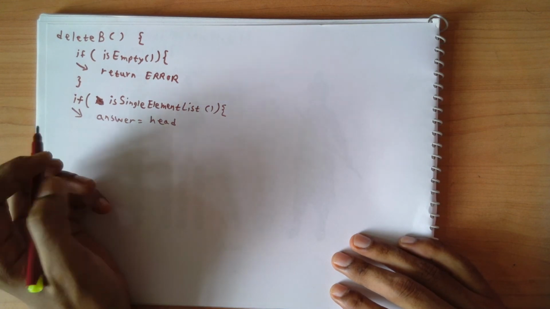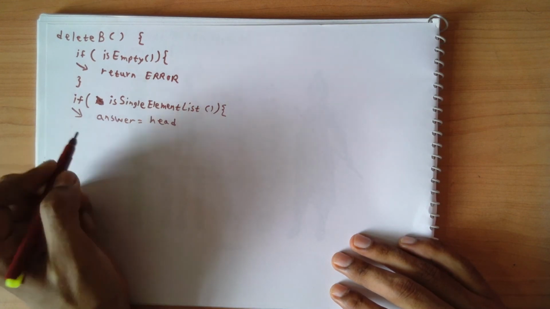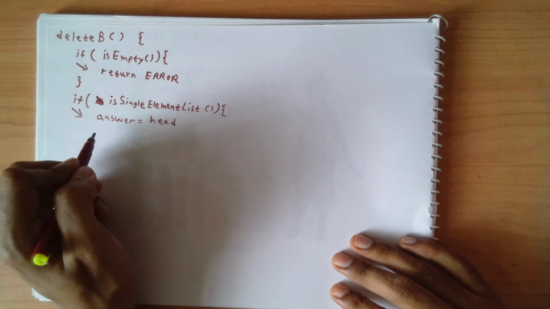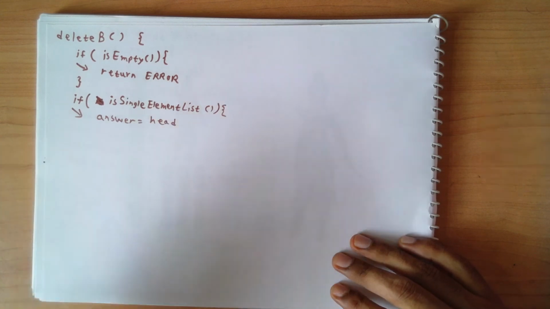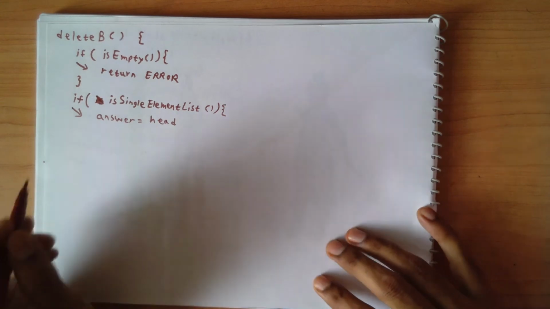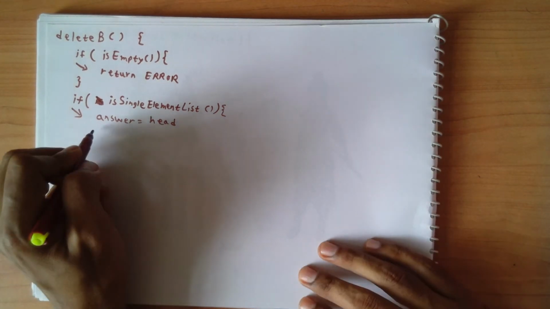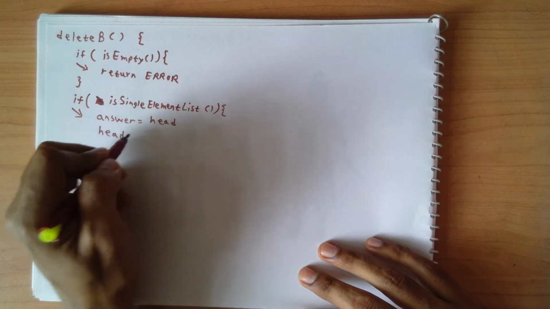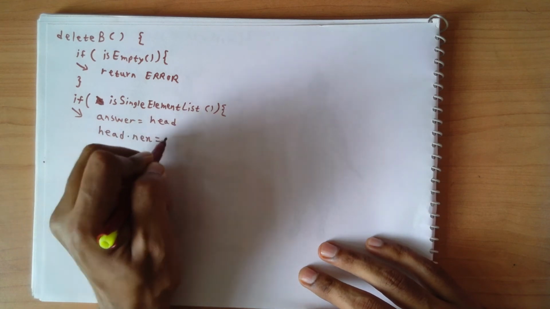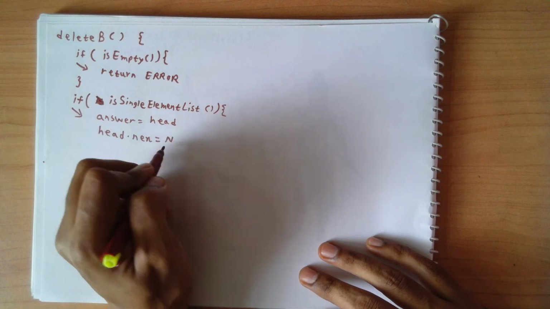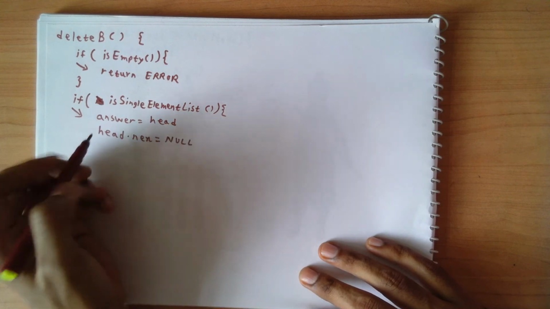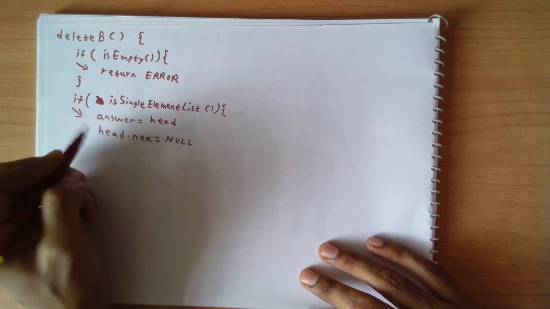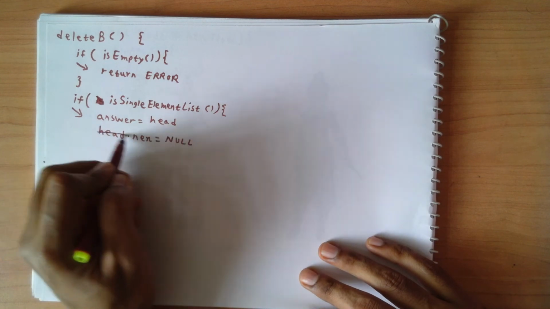and after that we have to take the node out of the list. So we would set head.next equal to null. It will be null already, but let's not do redundant work.